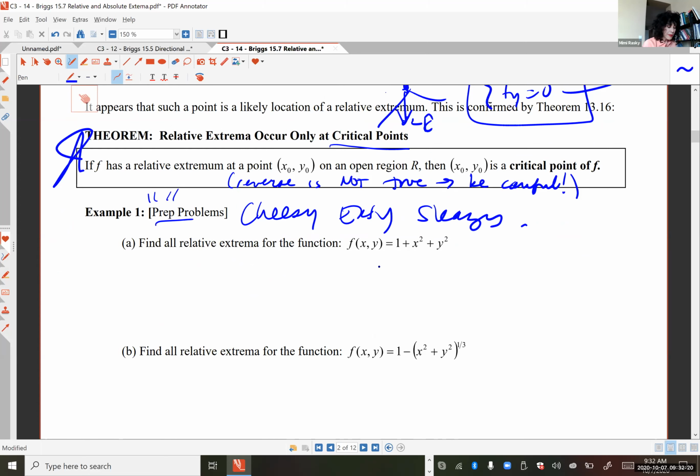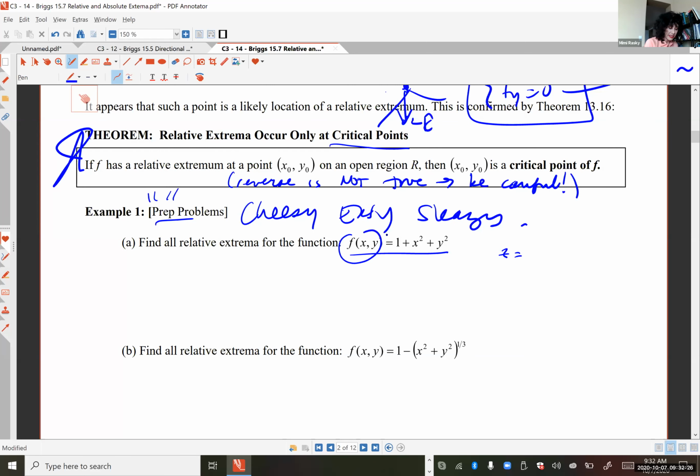So real quick, here's a function, 1 plus x squared plus y squared. And more importantly, I want you to get that this is the same as z equals 1 plus x squared plus y squared. Does it have any extrema? Go get your first partials and then simultaneously set them equal to 0.